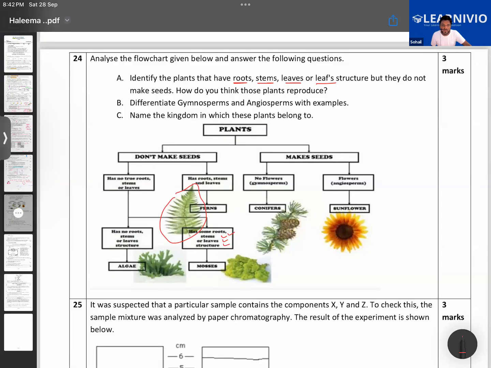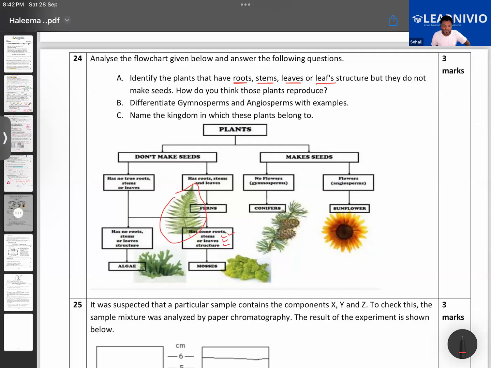The follow-up question is how do they reproduce? These plants reproduce through a life cycle known as alternation of generations. They will be releasing spores into the environment, and when those spores germinate, they will grow.